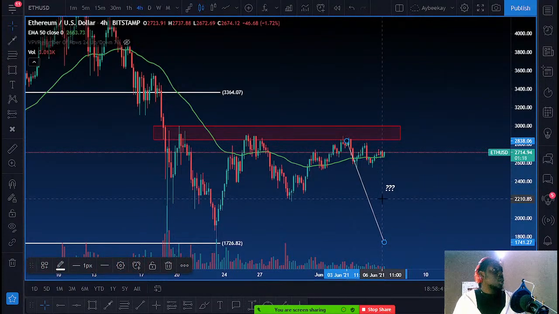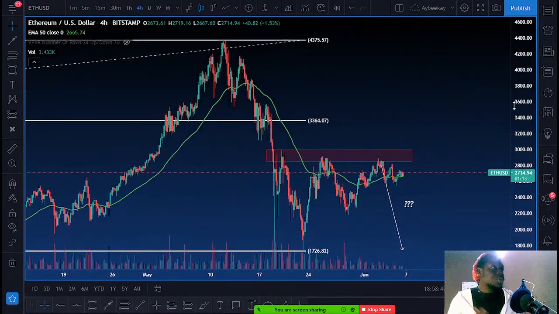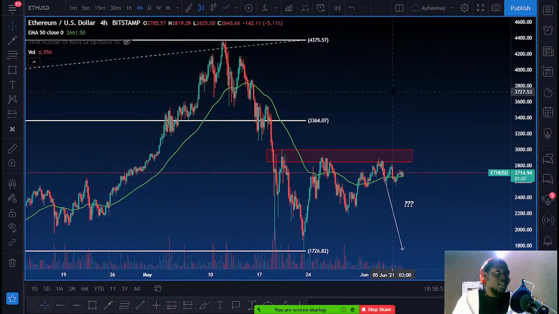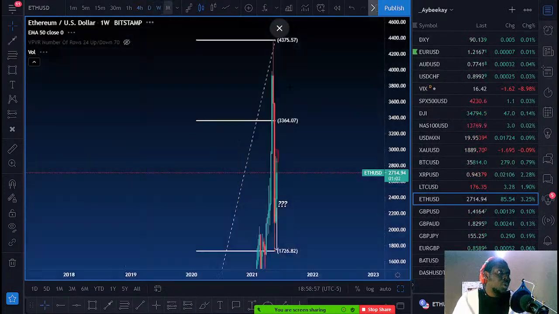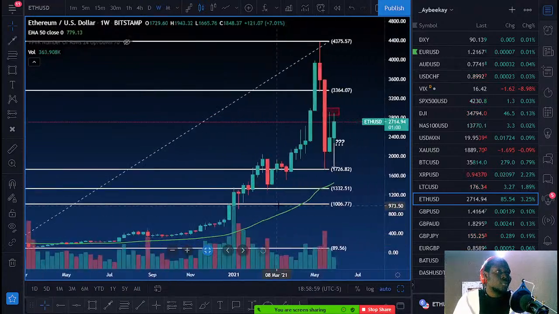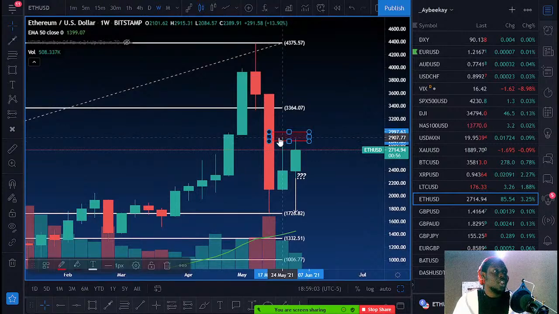So Ethereum, I'm just like, yo, I think it's gonna fall. I don't want it to fall, but that's what my analysis is showing me. If price comes up here, then hey, it comes up there. But weekly time frame, it just looks like price is rejecting off of the zone.